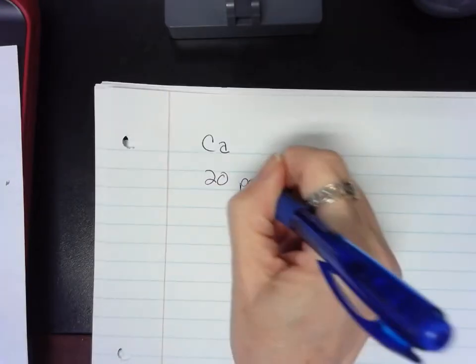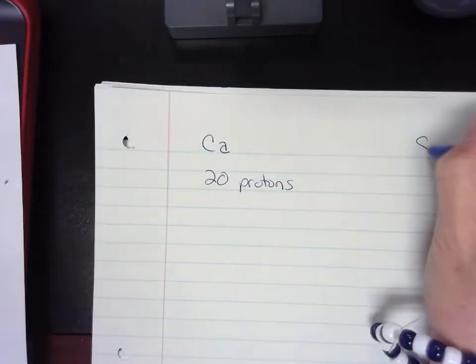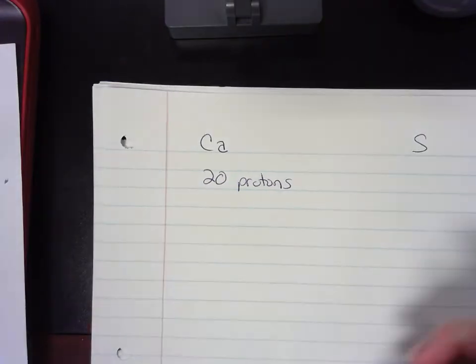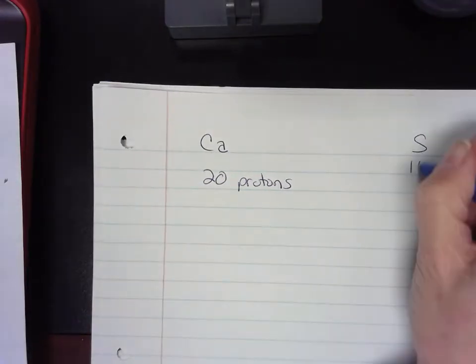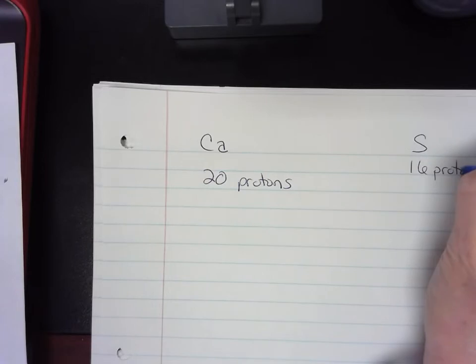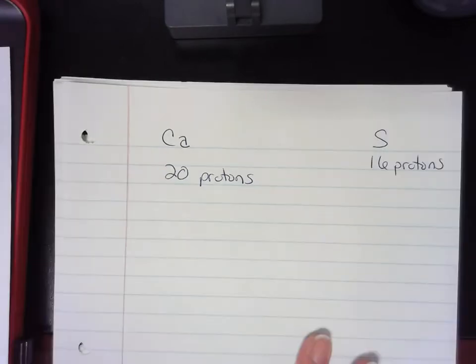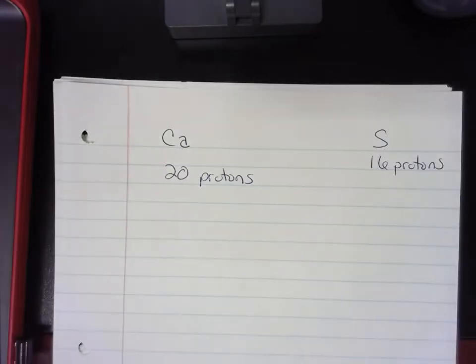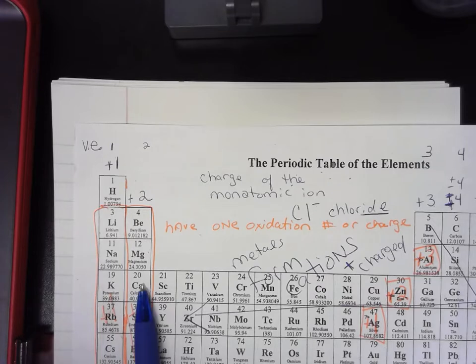And sulfur has 16 protons. Now, calcium, its monatomic ion is going to form a +2 charge.